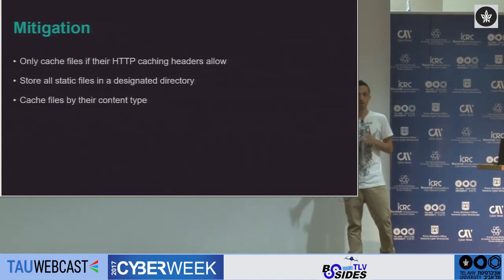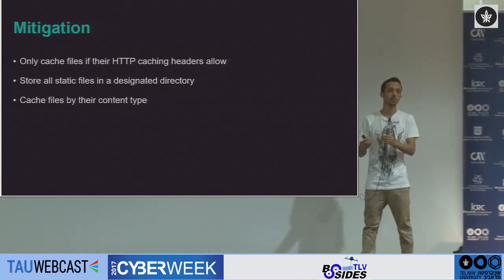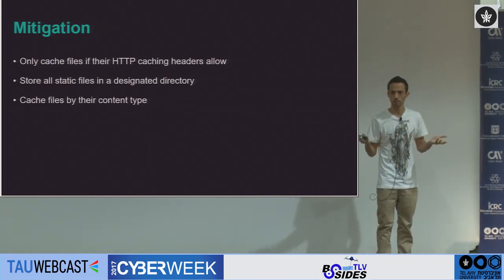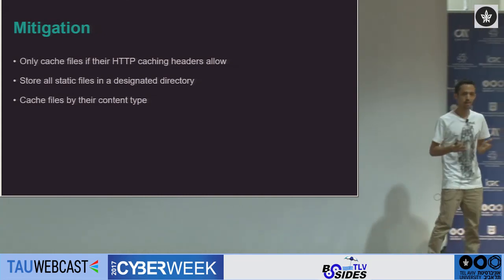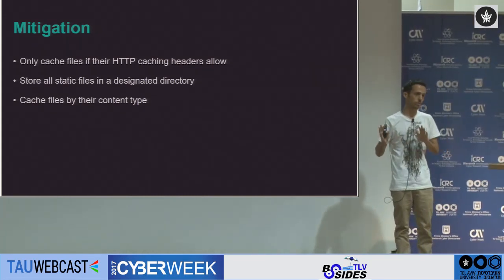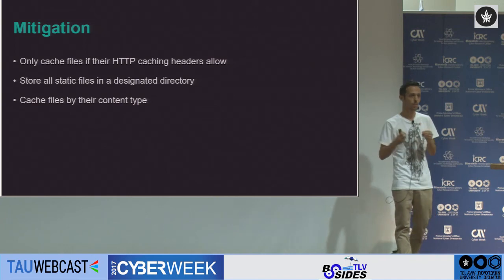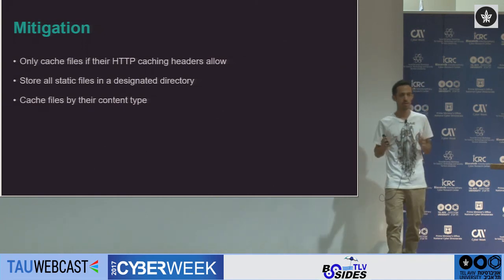Some of them do it by the content type HTTP response header. Some of them, like Nginx, for example, let you choose which one you want to use. So in case you can choose, do it by the content type HTTP response header, and don't decide what type of file this is according to the end of the URL.